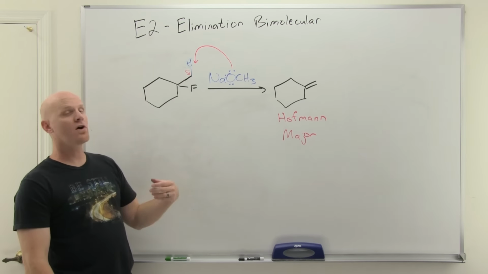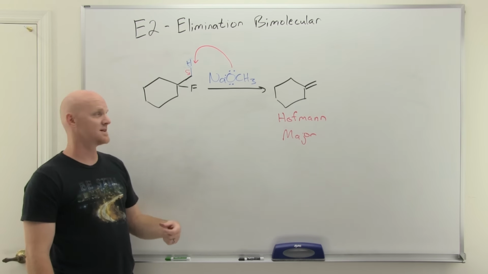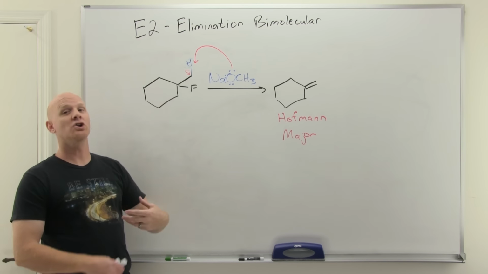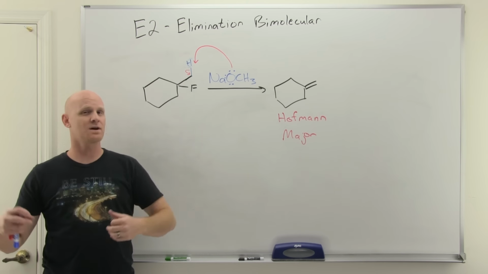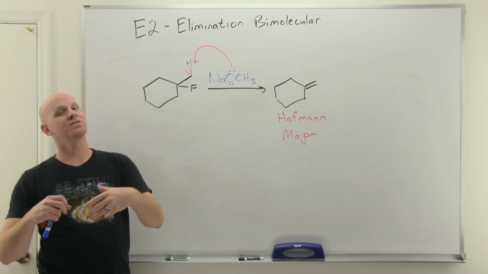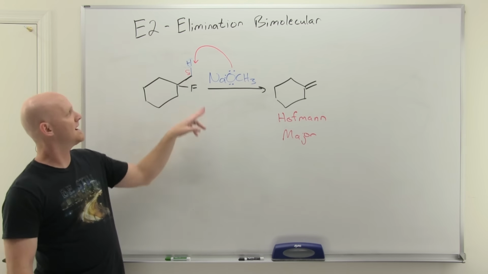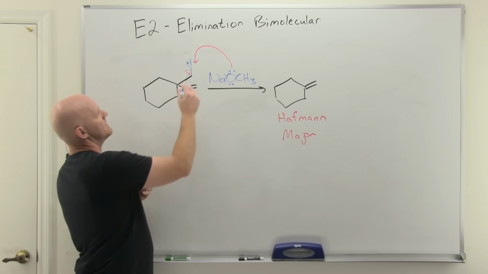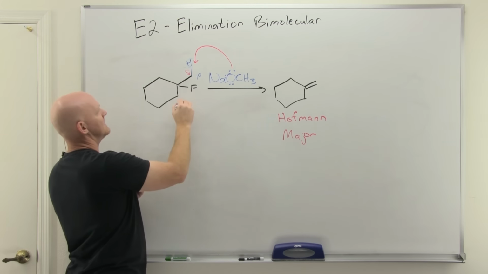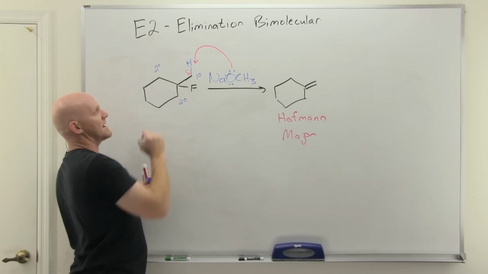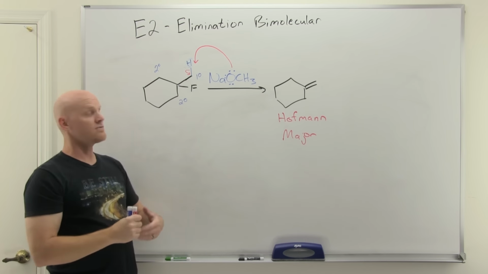So we have a little bit of a carbanion-like transition state, and I'd rather have a carbanion on a less substituted carbon. So for carbocations, they're more stable with more substituted carbons, but carbanions are more stable with less substituted carbons, and that's why we chose to have this carbanion-like transition state on a primary carbon instead of on these secondary carbons.